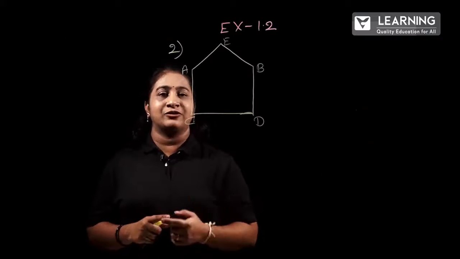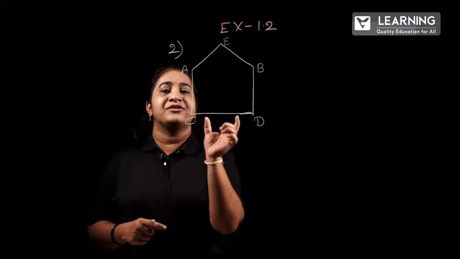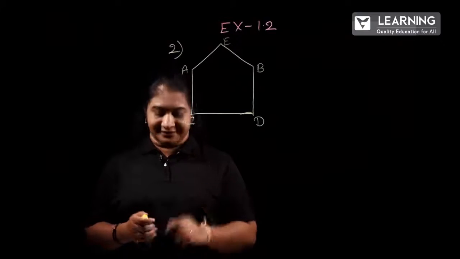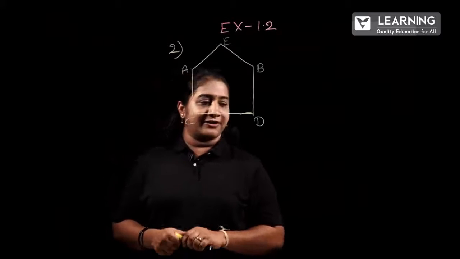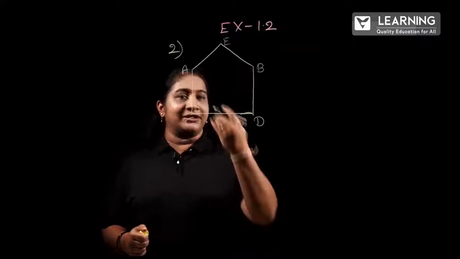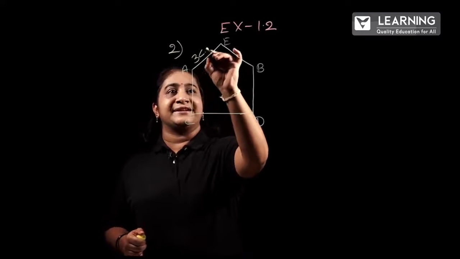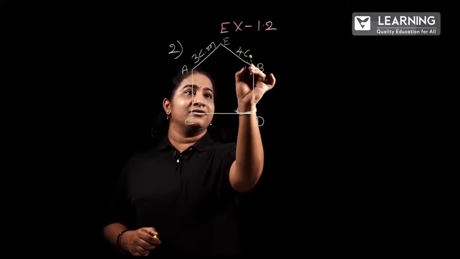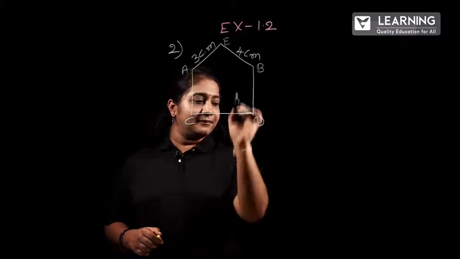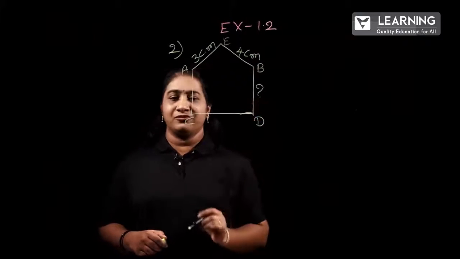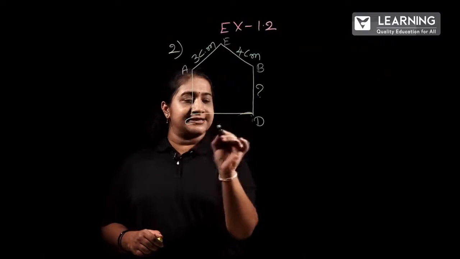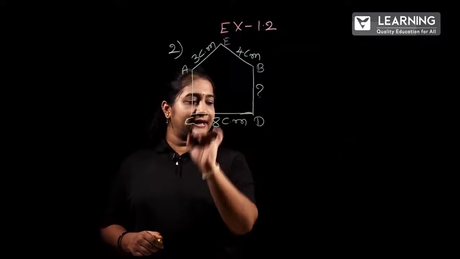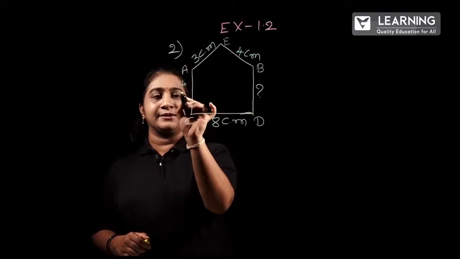We have to find out the remaining side, that is the 5th side. They have given AE is equal to 3 centimeter, EB is equal to 4 centimeter, BD we have to find out, DC is equal to 8 centimeter and CA is equal to 4 centimeter.